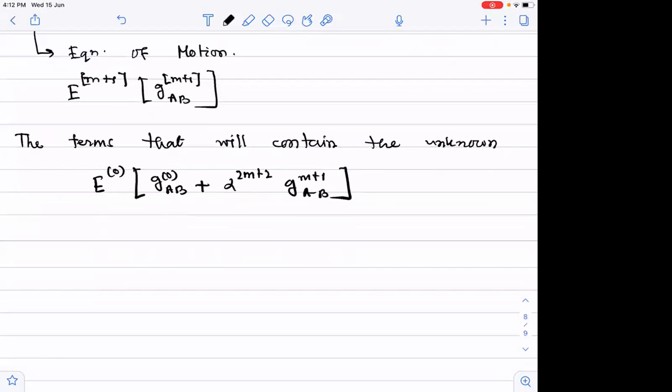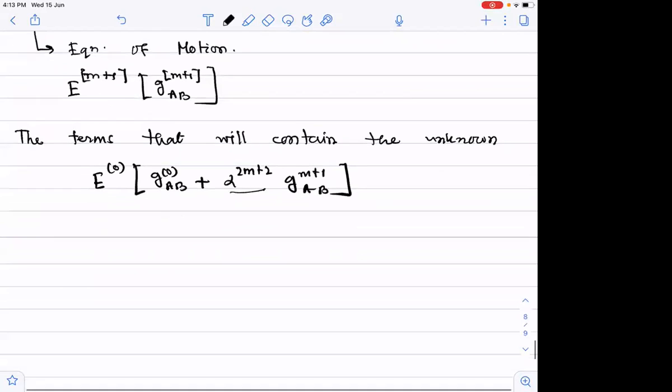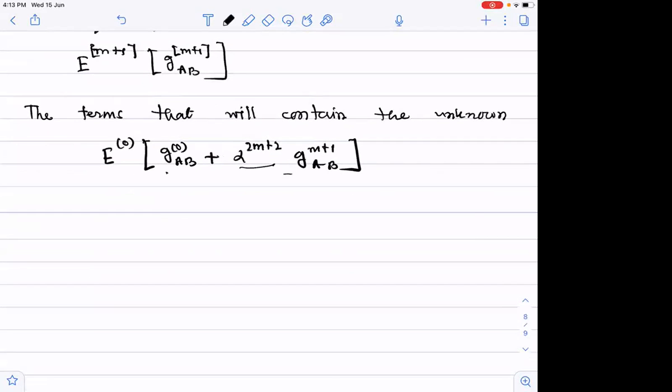This is because g_{m plus 1} already has an alpha to the 2m plus 2. So any term that has a g_{m plus 1} will already have an alpha to the 2m plus 2, and therefore should not have any other alpha from anywhere. We are calculating the equation at order alpha to the 2m plus 2, so this must be inserted in E0. E0 doesn't have any alpha, and this has to be linearized. So the Einstein tensor linearized around G0AB.